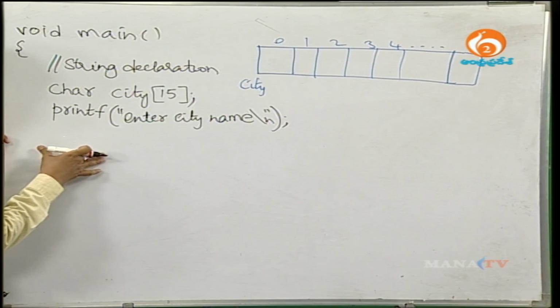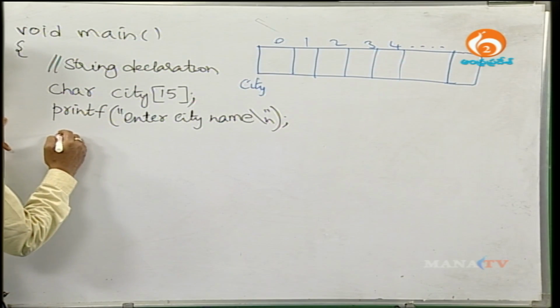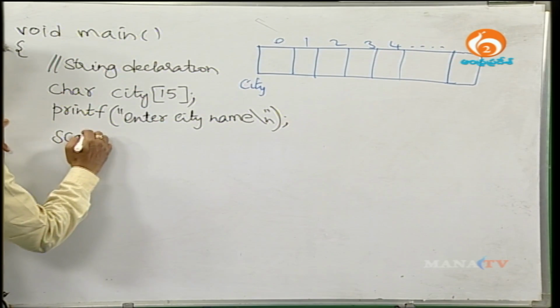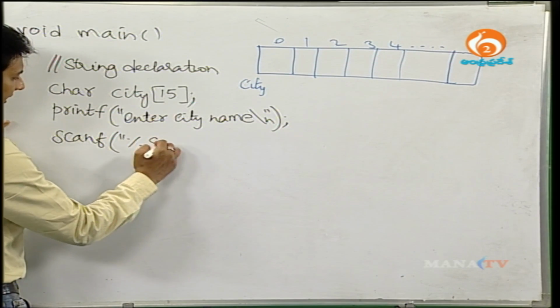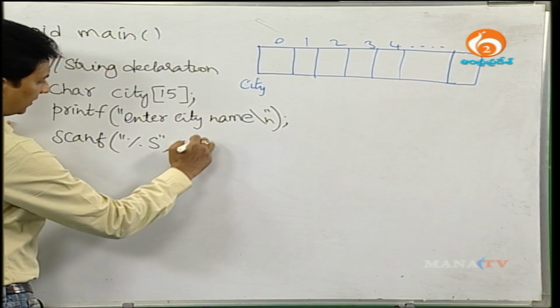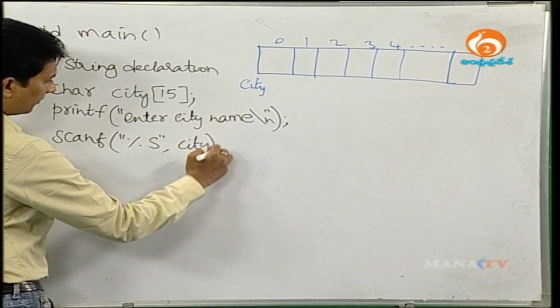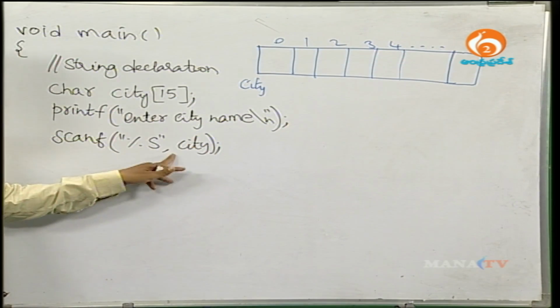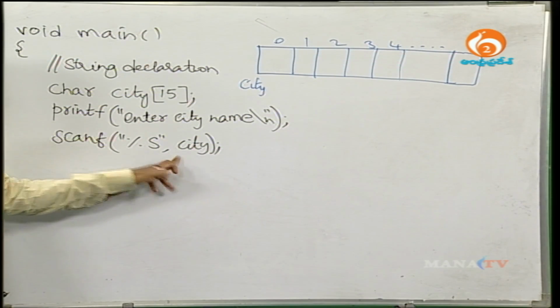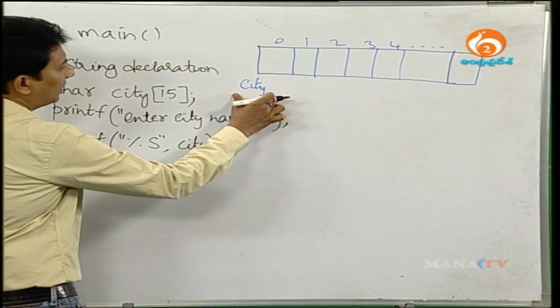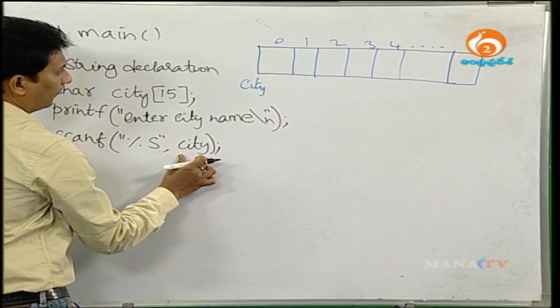Next, after writing this, we have to use scanf. There are so many ways to read. scanf("%s", city). For simplicity, don't write the ampersand here. Only write the base address, the name of the array.